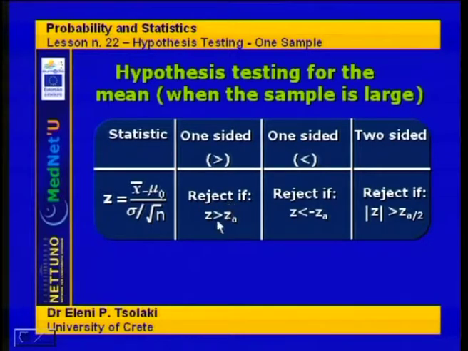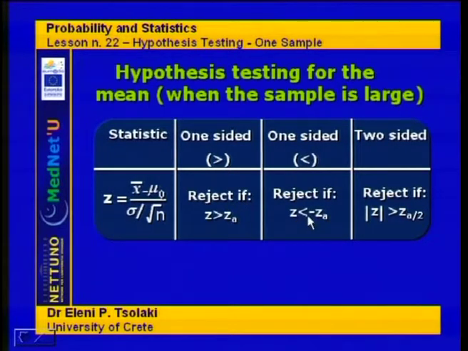Having calculated this statistic, which is a number, we compare the number we have obtained with the point of the standard normal distribution of area A. So if Z is greater than this, we reject the null hypothesis.